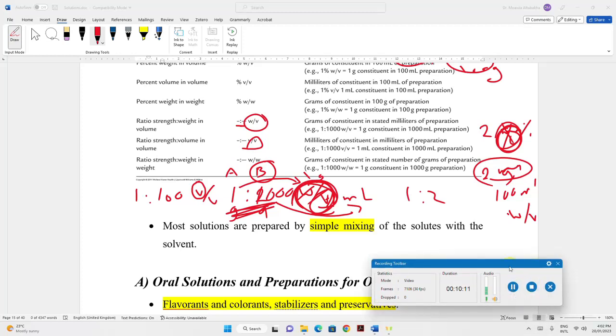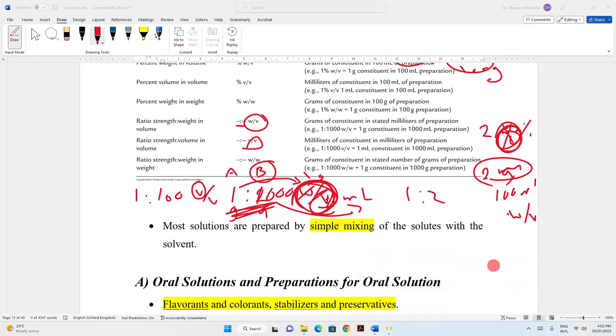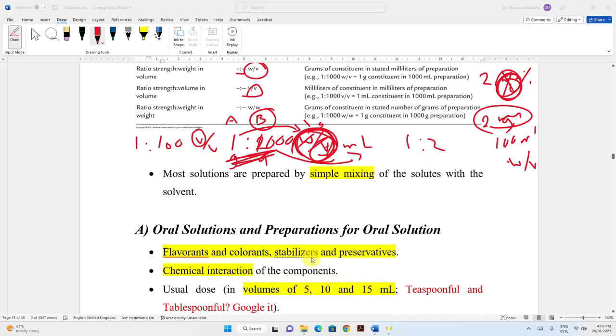Okay, now we can classify solutions as solutions for oral administration, and solutions for topical or external applications. So oral solutions, and preparations or solutions for external or topical application.